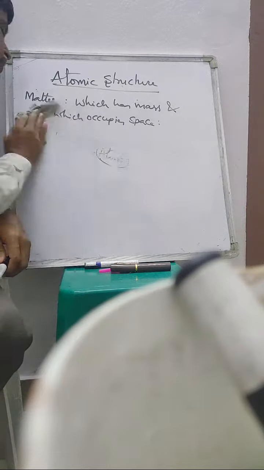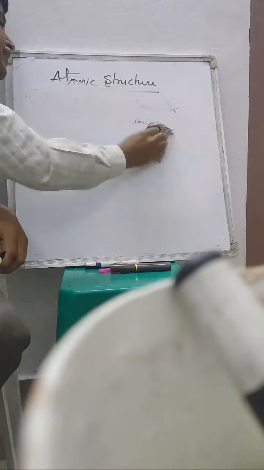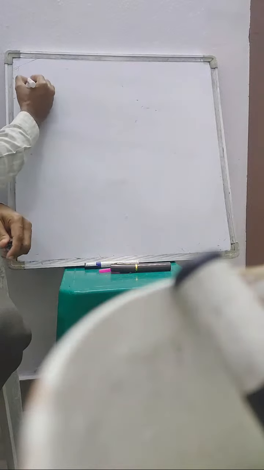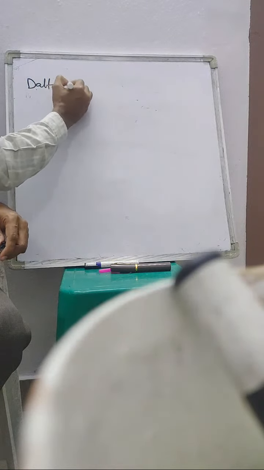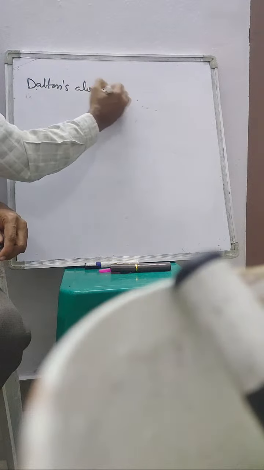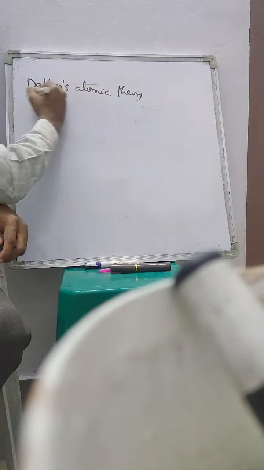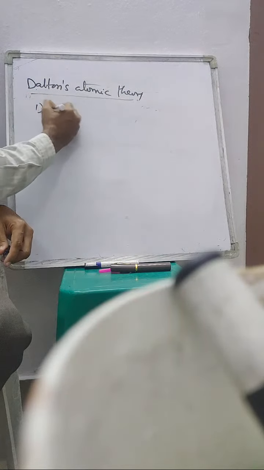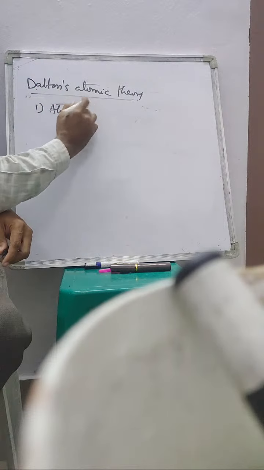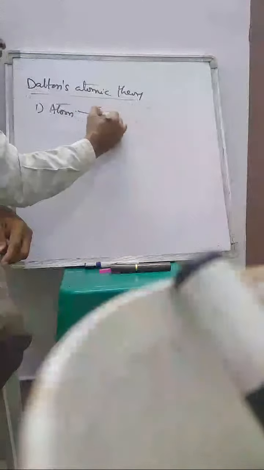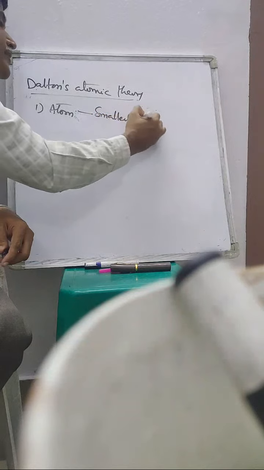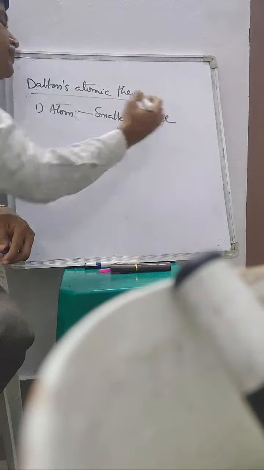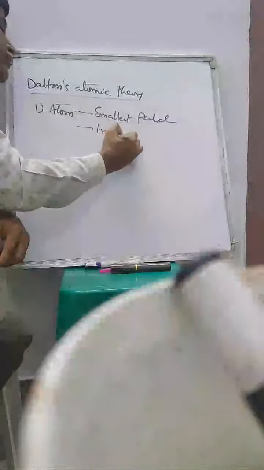According to this, the first and foremost theory proposed regarding atoms is Dalton's atomic theory. According to Dalton's atomic theory, the atom is the smallest particle of the matter and is indivisible.